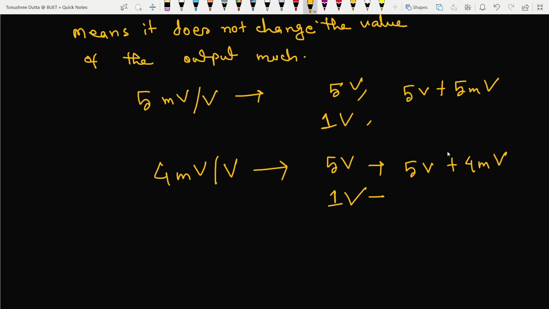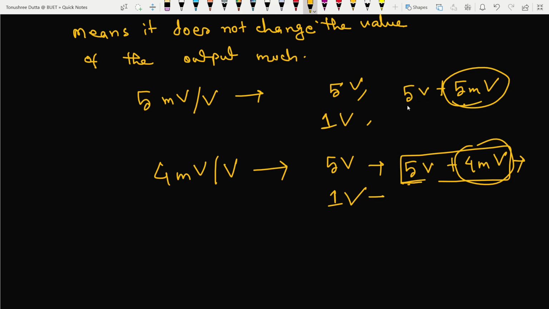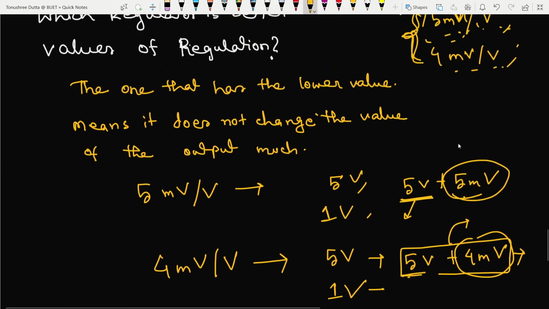So which one gives almost the same result as the output was previously? Obviously the second one, because it changes by 4 millivolt and the first changes by 5 millivolt, so it deviates from the nominal value by 5 millivolts, and the second only by 4 millivolts. So the regulator that has the lower regulation value is the better kind of regulator. That is the one you want to use when you are using regulators.